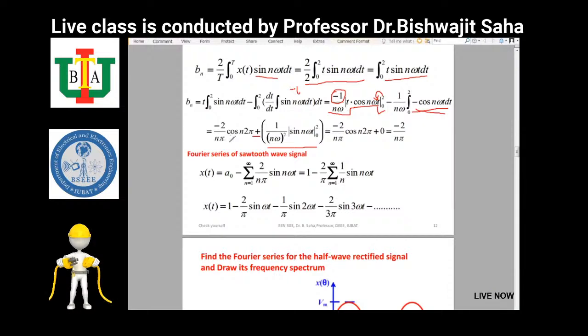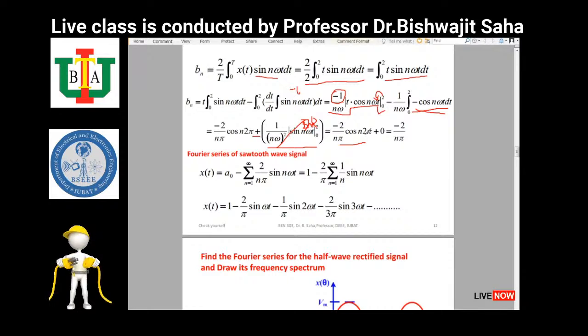It is 0 as earlier, because here it will be sine n pi, and sine of any multiple of pi is always 0. And sine 0 is also 0. So the second term is totally 0. So Bn equals minus 2 divided by n pi, cos n twice pi.